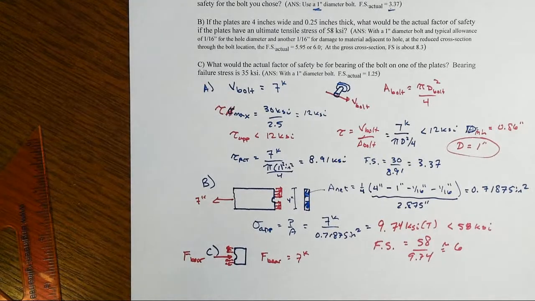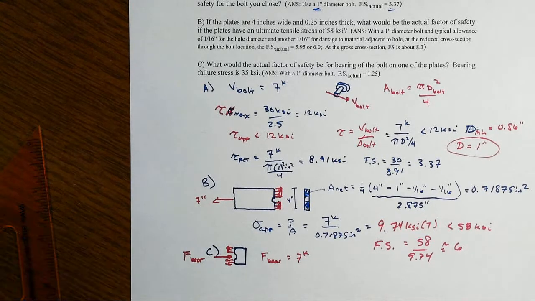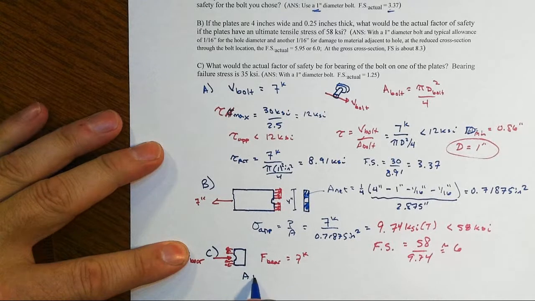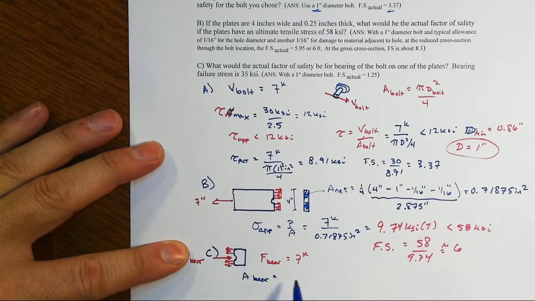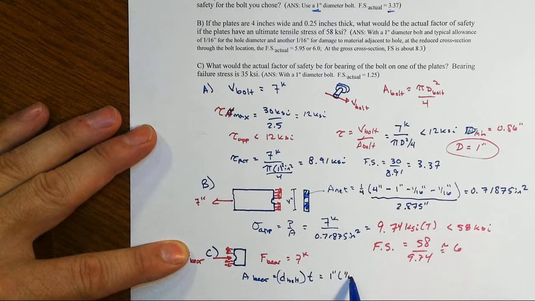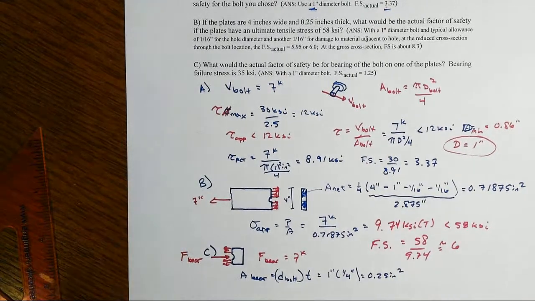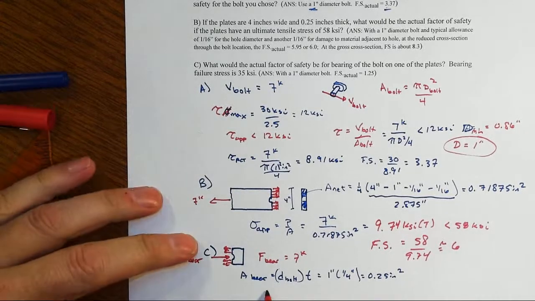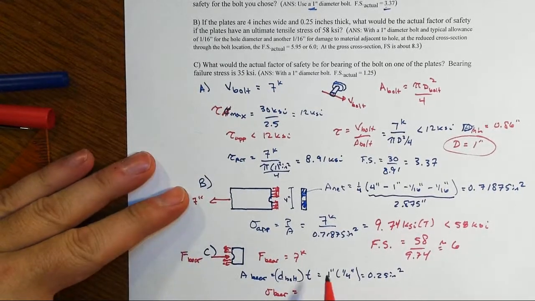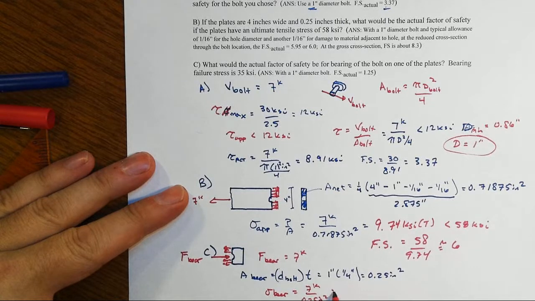That's 7 kips. But the area that is in bearing, remember, is that projected area, and that projected area over that bolt is going to be equal to the diameter of the bolt times the thickness of the part, and that's 1 inch times 1/4 inch, so we have 0.25 square inches. So the bearing stress is going to be equal to 7 kips over the 0.25, which is the same thing as multiplying by 4, so 28 ksi.